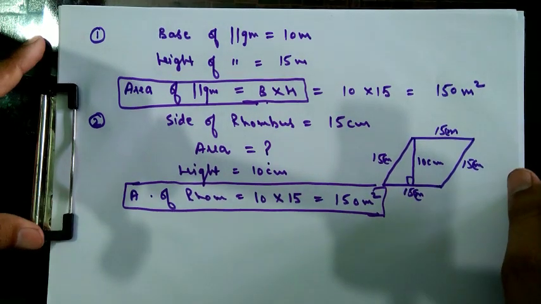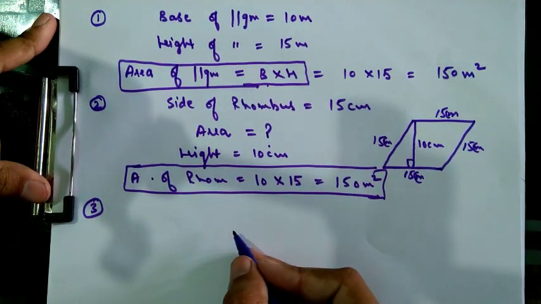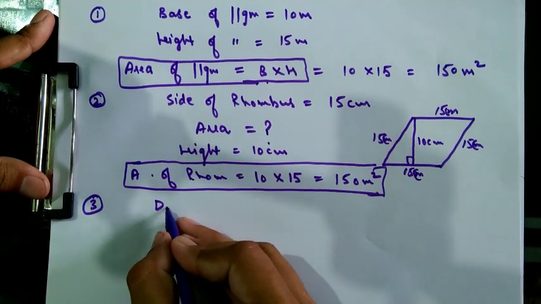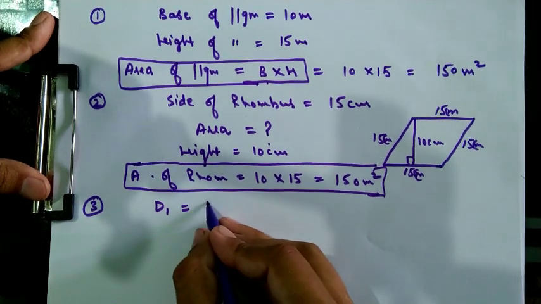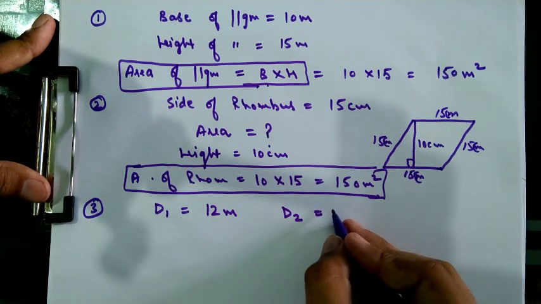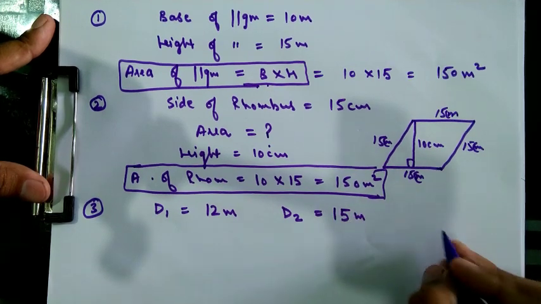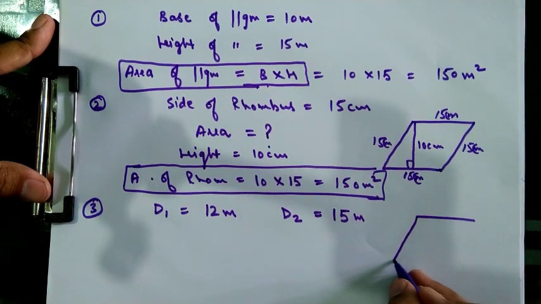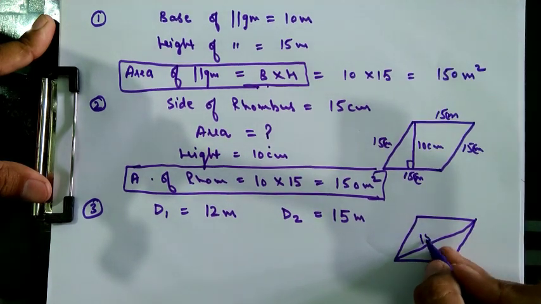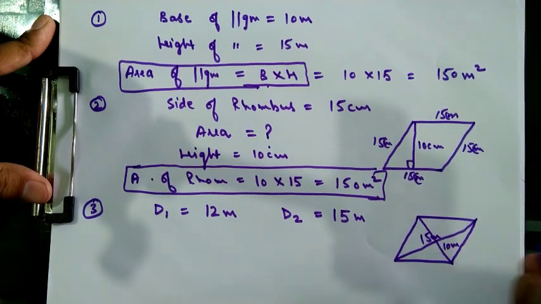Now I will explain a simple question regarding the area of a rhombus by its diagonals. Let diagonal D1 be 12 meter and diagonal D2 be 15 meter. In this type of shape, this diagonal is 15 meter and this diagonal is 10 meter.